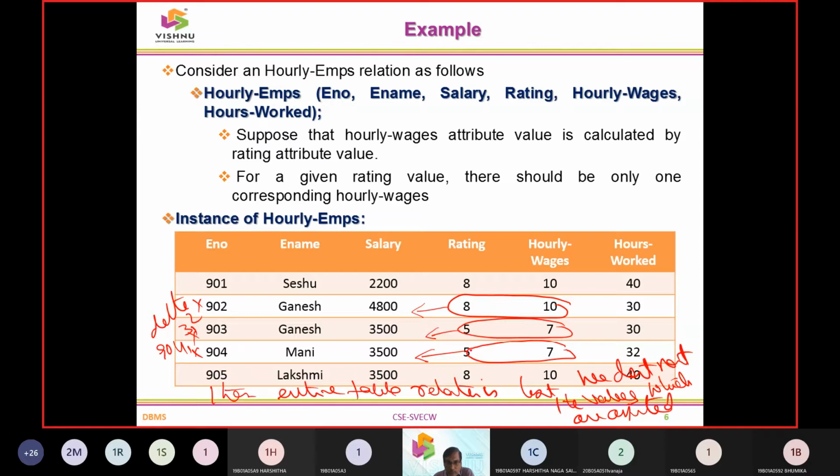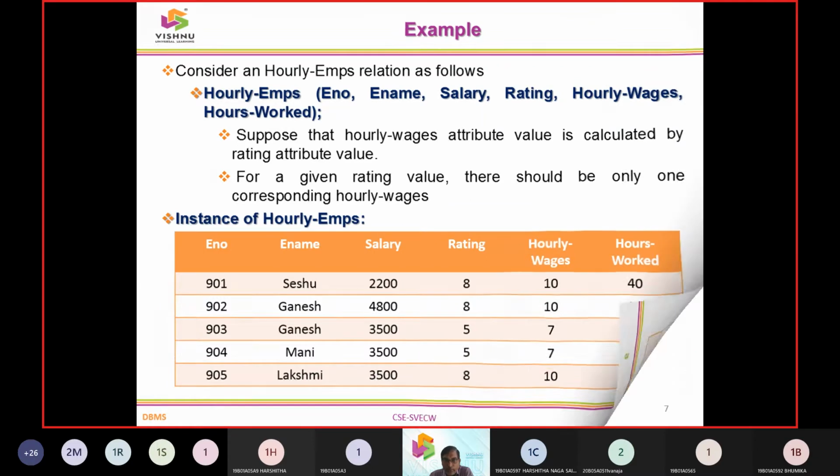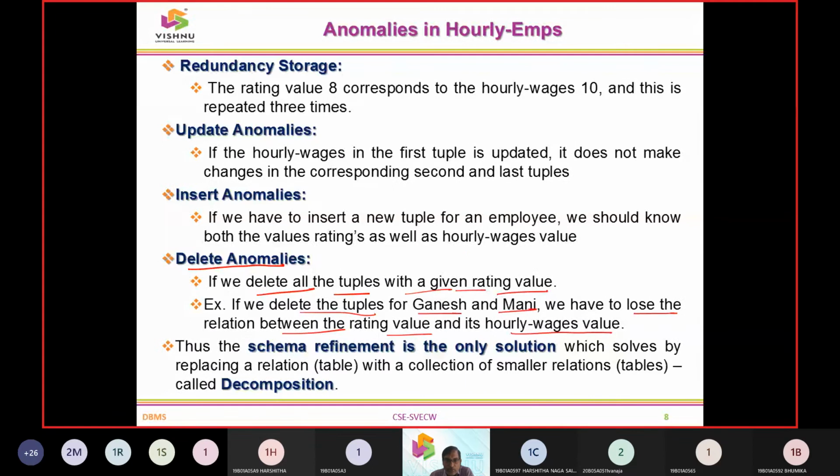Why? Because 5 and 7 is one relation, 8 and 10 is another relation, which it is going to look at. So, a delete anomaly is that if we delete the tuples for Ganesh and money, we may lose the relationship between rating values and hourly rating.